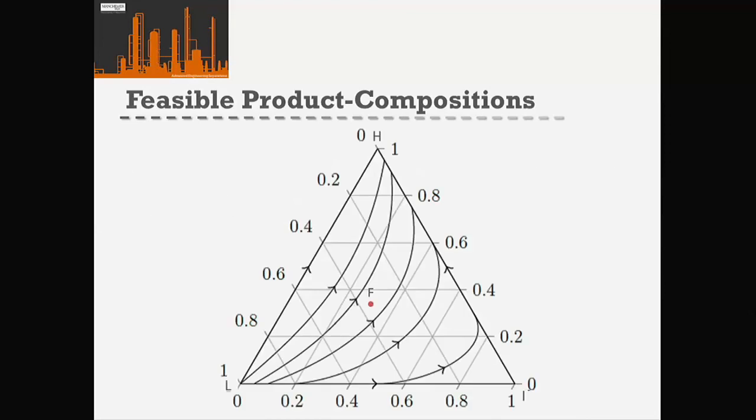Okay, so let's take our same feed and our same example again. Okay, so let's think about an extreme. Okay, so an extreme potential product is actually taking our low boiler. Okay, so all our residue curves are passing this way.